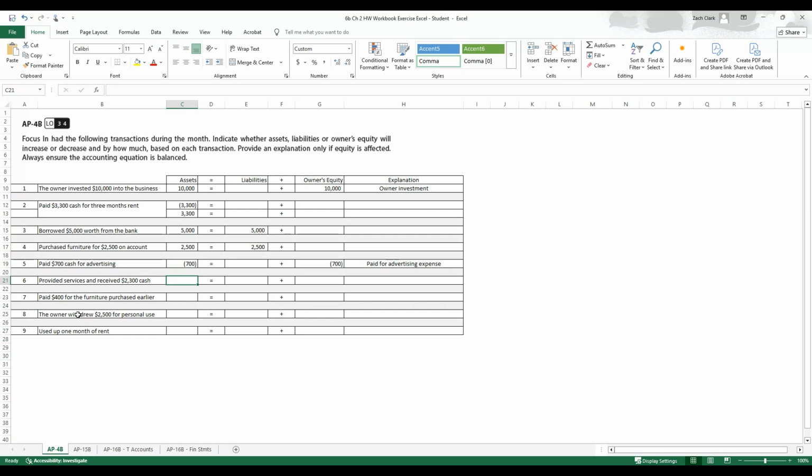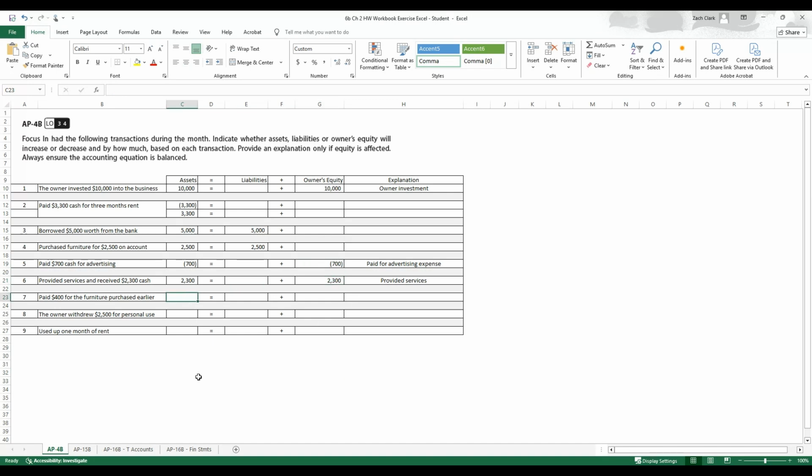Okay, here we provided services and received $2,300 of cash, so cash went up, and this is revenue now. So revenue goes up, owner's equity increases. We could say provided services, and so it's the opposite of expenses. Expenses go up and equity goes down, revenue goes up and equity goes up.